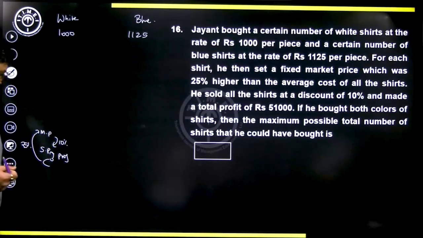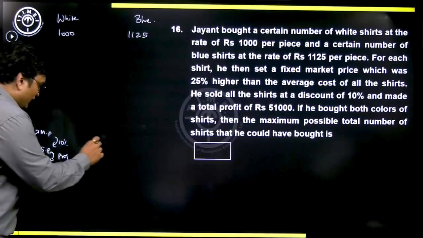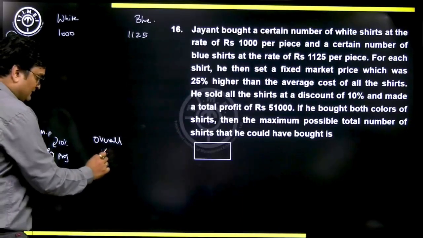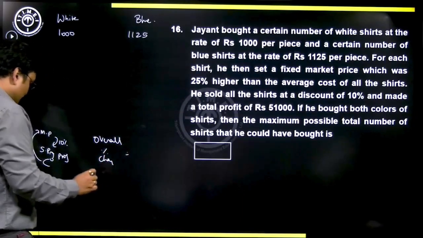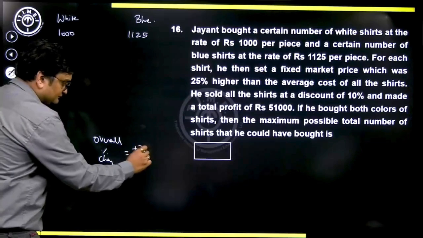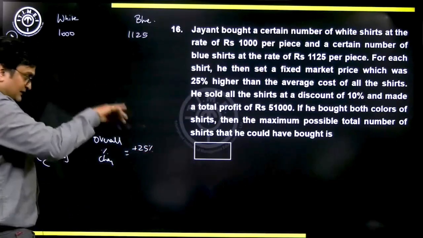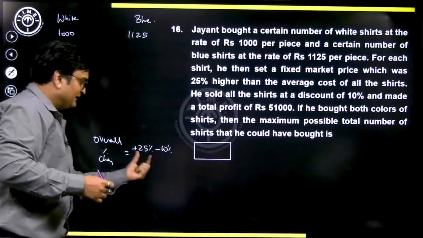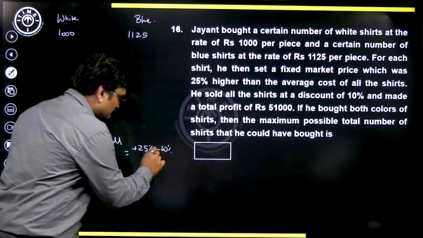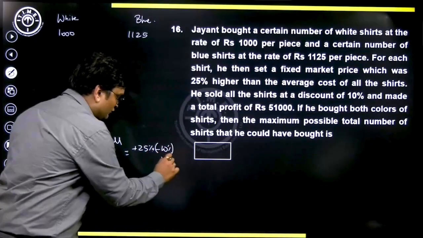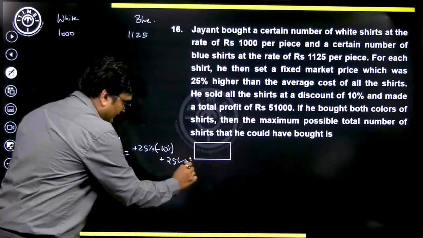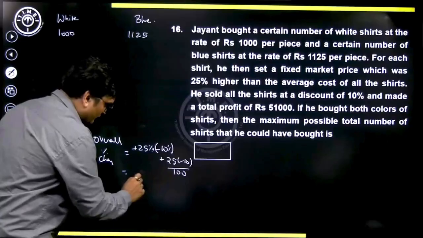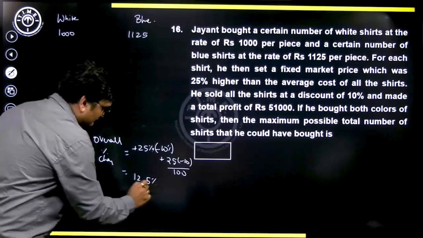Can we say the overall percentage change will be 25% increase and 10% decrease, so minus 10. When you apply successive changes, it is A plus B plus A into B by 100, which gives 15 minus 2.5, that is 12.5%.